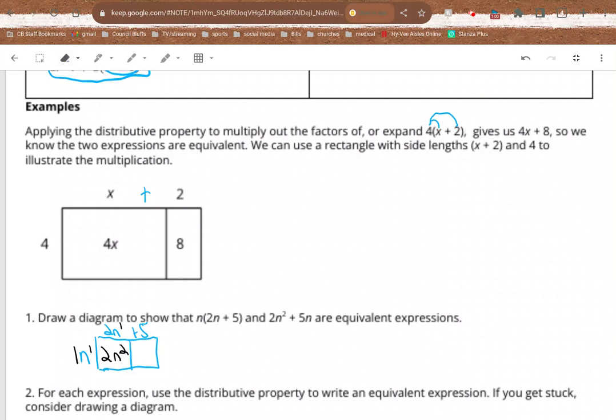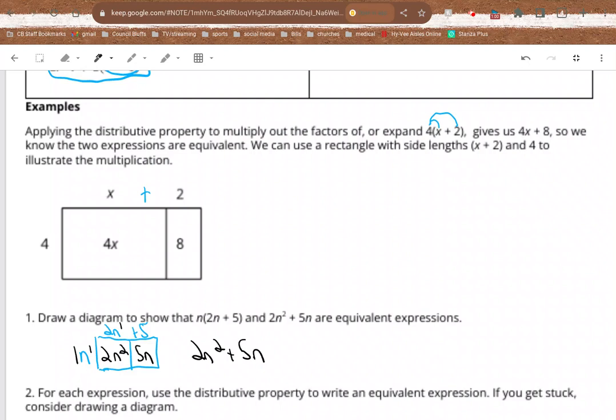And then if we do the other one, which is n times 5, or 5 times n, 5 times n is going to be 5n. And if we put that together, we get 2n squared plus 5n.